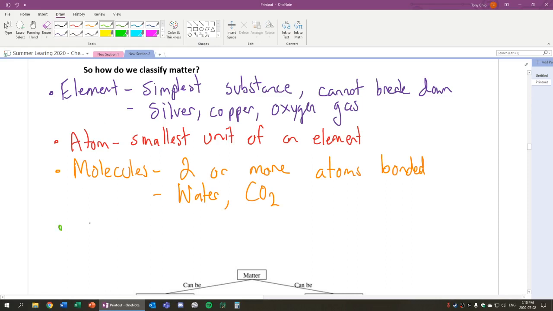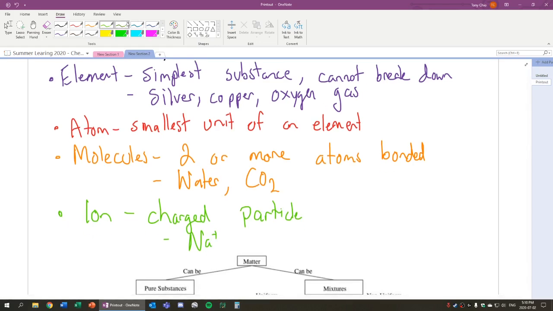An ion. An ion is a charged particle. A molecule or an element can be a charged particle. So an example would be a sodium ion. The last one is what we call a compound. So I'll write over here.